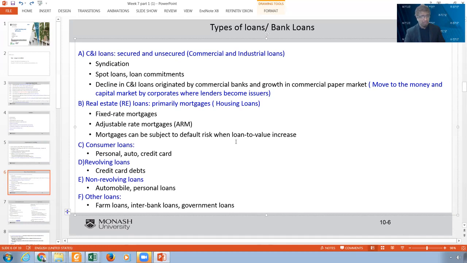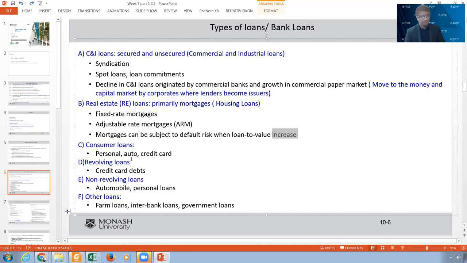But if you give 1 million of the loan, which is 100% or 95% of it, then that will increase your defaulting. So the less the loan to value, the lower the risk. If you give a loan for a house of 1 million and you give 50%, your credit risk will be less.